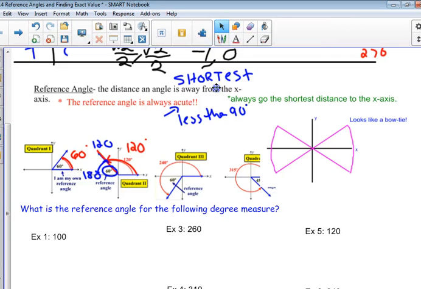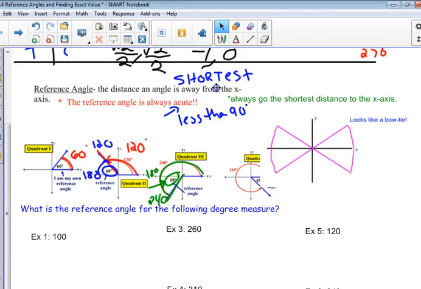Now, if you are in the third quadrant and you graph 240 degrees in standard position, so if this is like your 240, okay, what way is going to be shorter to get to the x-axis? All the way around or back this way? Back, good. So here's your 180, and you want to figure out what's the difference between 180 and 240. 60, good. So 60 degrees is the reference angle here. If we're in quadrant 4, same idea.